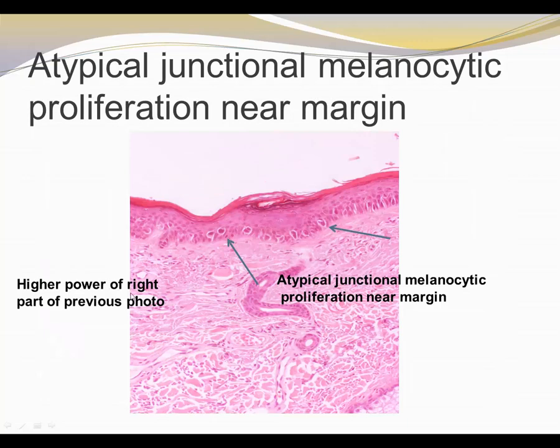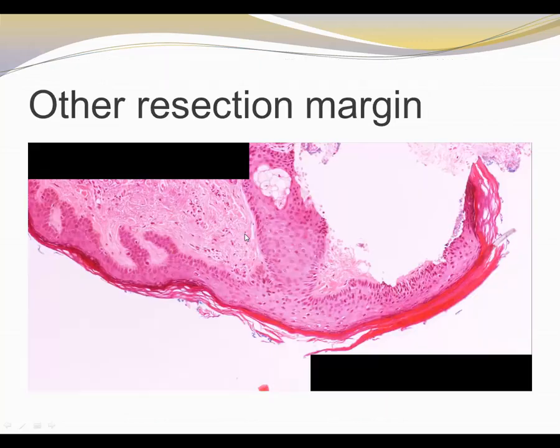And you can see this in higher power of the part on the right, and these are quite atypical melanocytes at the dermo-epidermal junction. The problem really becomes, are these part of the melanoma? Is this a background atypical junctional lentiginous proliferation? And really, how does one report this in terms of the margins?